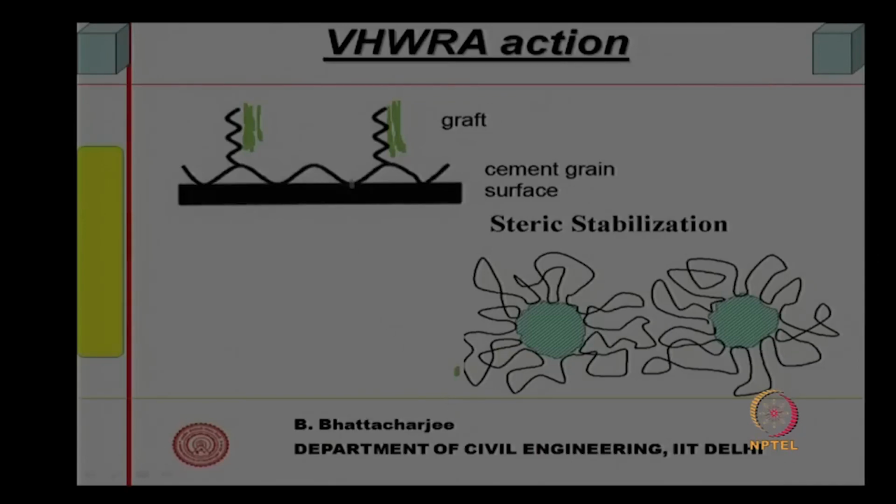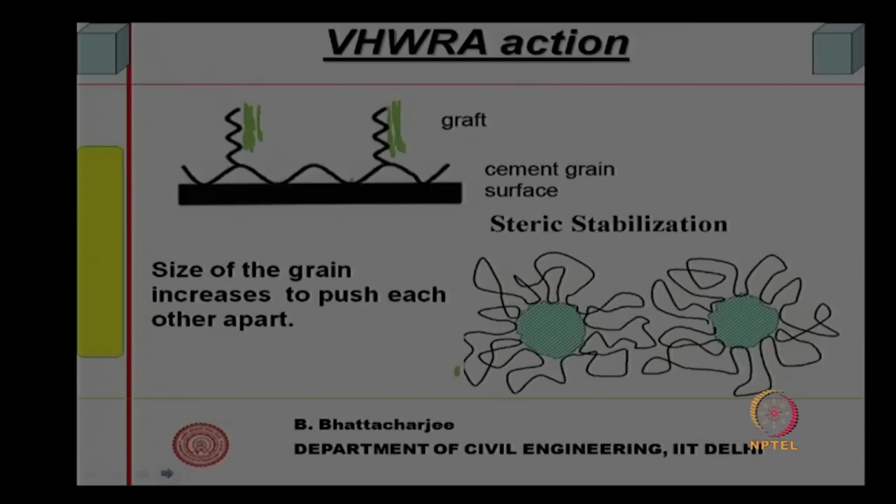In fact, it is attached here because of the sodium dissociation. It gets attached here, right. So, it negatively charges the whole thing, and then the graft or the copolymer, that is the ether, is somewhere here.